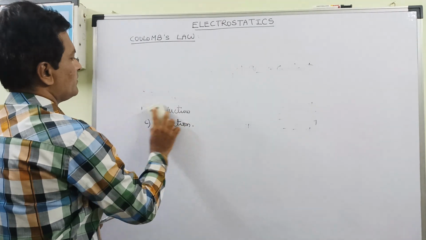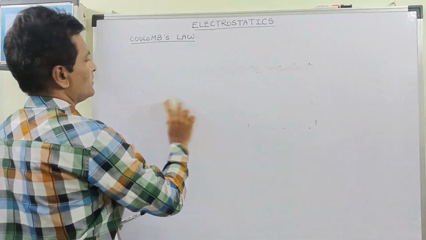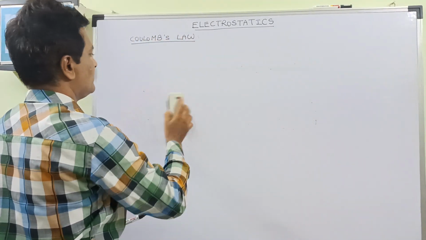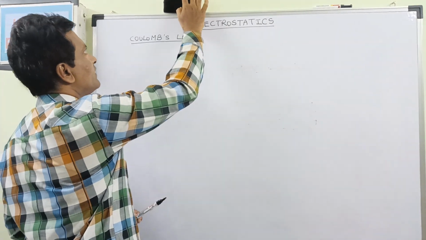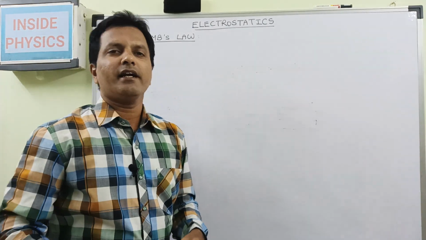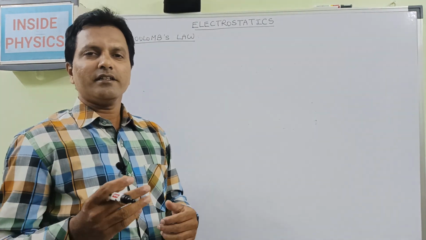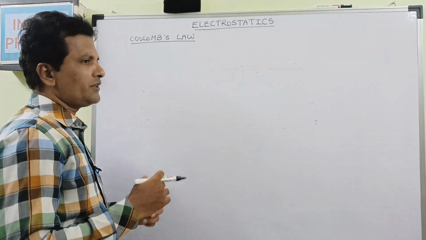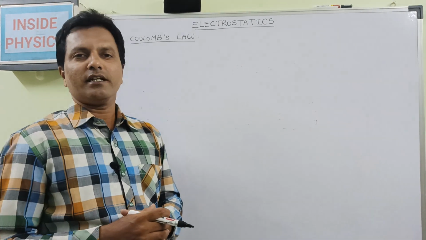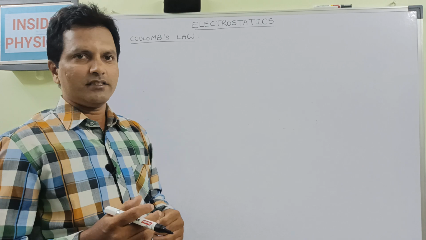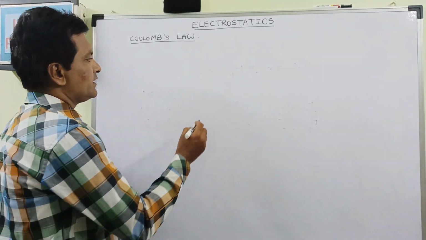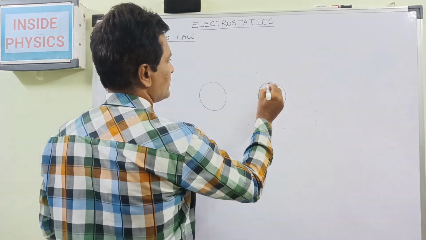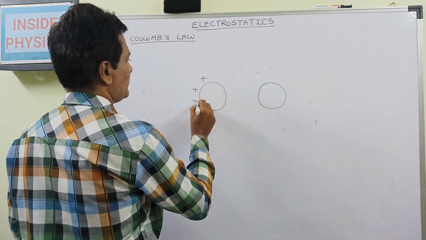We will see one question here. Are there any objects having similar charges on them that can attract each other? The answer is yes. Suppose there are two similar bodies having positive charge.